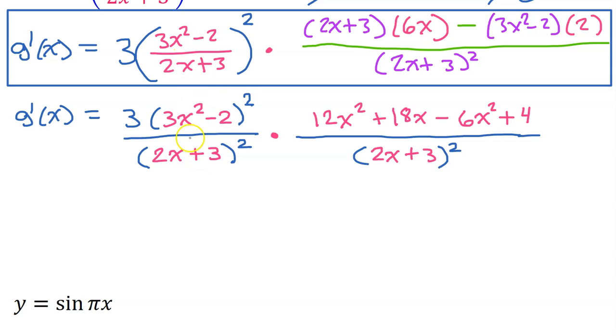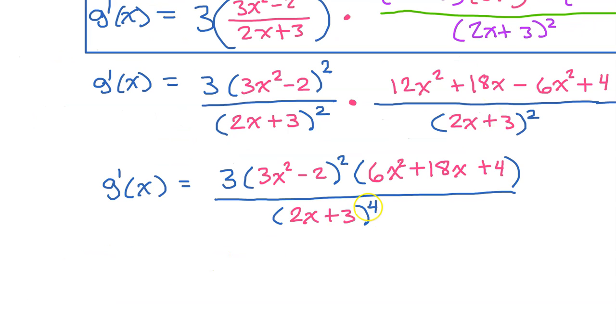I squared each separately, so that on my next step, I can combine these into one fraction. Since the 2x plus 3 appears in both denominators, when I multiply these, you're going to see it become 2x plus 3 to the 4th power. And I will combine like terms in this expression right here.